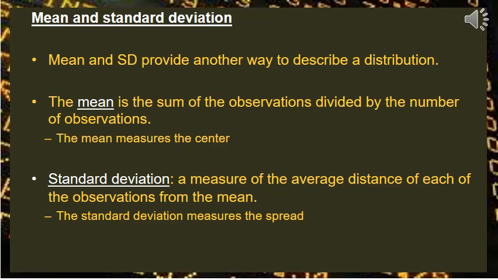The standard deviation goes with the mean. The standard deviation measures the average distance from the mean. For example, if I give a test in my class and I find out that the mean, the average, score is 80%. Students have all sorts of different scores.